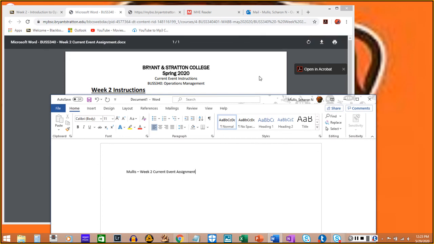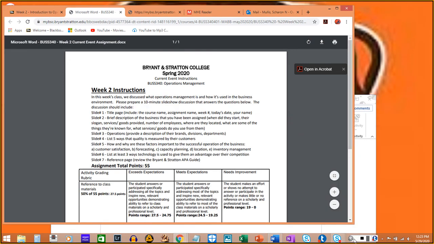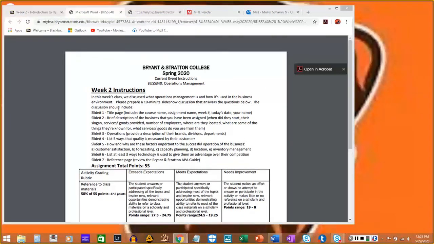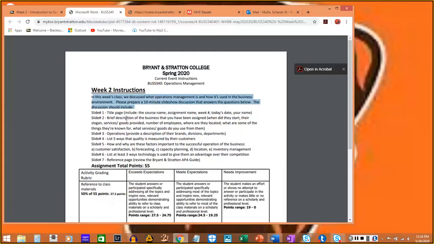All right, so you have your instructions. It has a little intro right here. And this assignment will have at least 7 slides. So each slide, you have to include certain information. Slide 2 has a brief description of the business. Slide 3, operations.